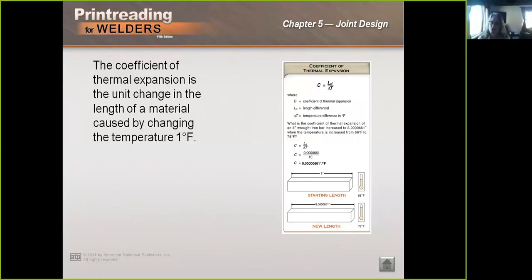Now it's more usual to look up the coefficient of thermal expansion and the modulus of elasticity for materials, and then use that to predict the changes, either the stress or the strain or the change in length due to temperature. But here you can see how those properties are determined.